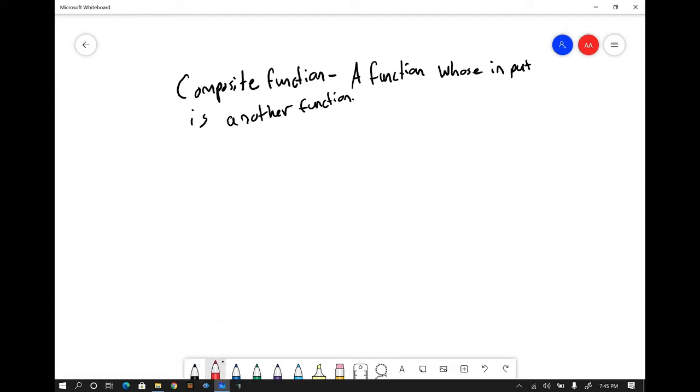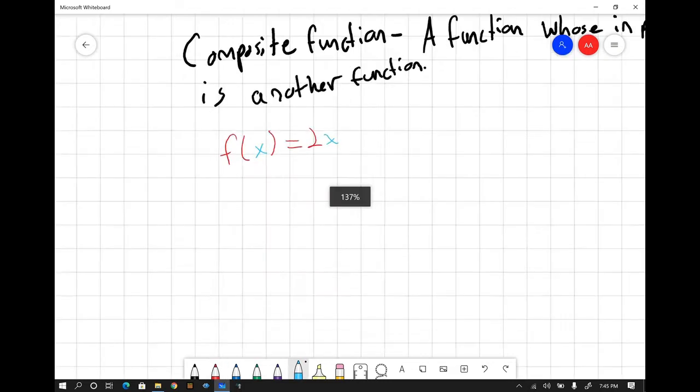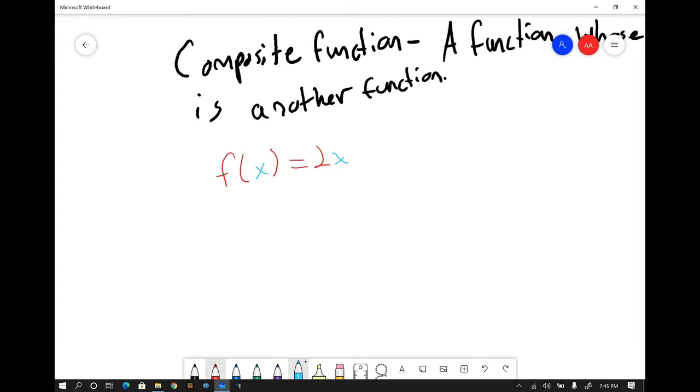Let's say we have f of x is equal to 2 times x. And let's say we have another function, g of u is equal to u squared, where our input here is u.